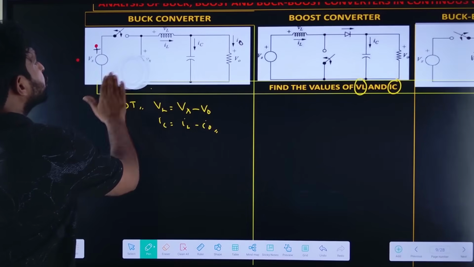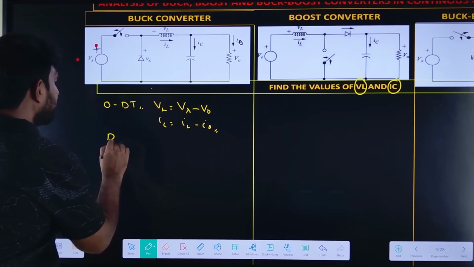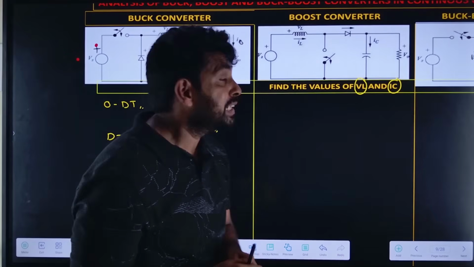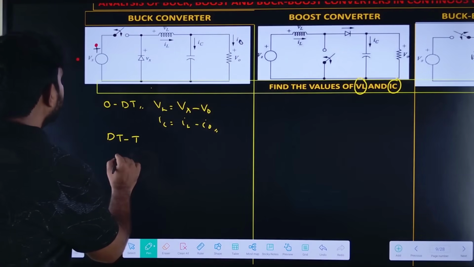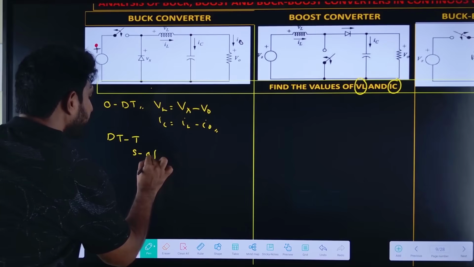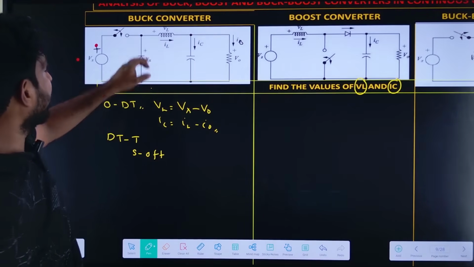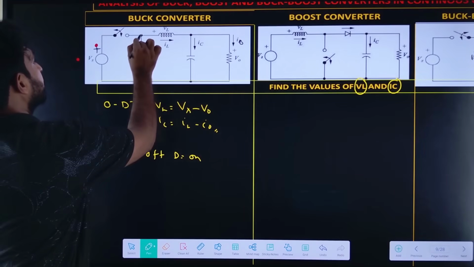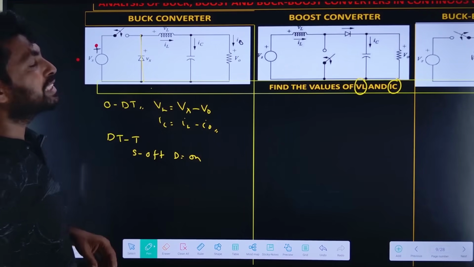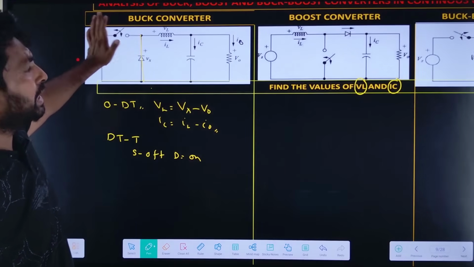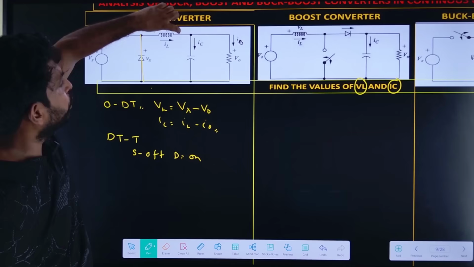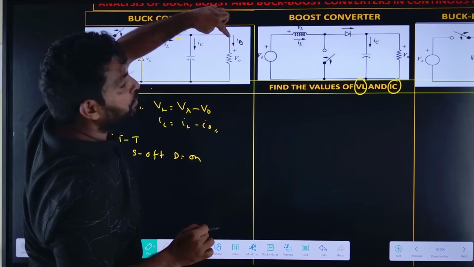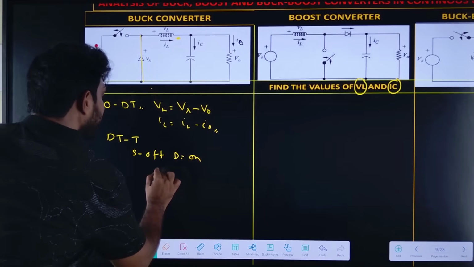Similarly, let us find for the period dT to T. What happens during dT to T? The switch S is in the off condition, and diode D is in the on condition. So when diode D is on, the circuit is isolated. Here the negative of the inductor is connected to the plus of V naught, so VL equal to minus V naught.